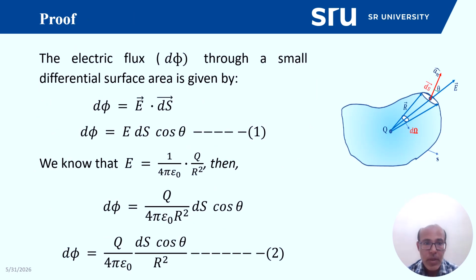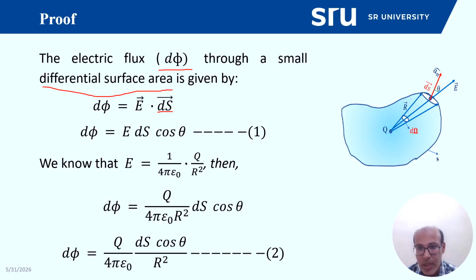Let's now look at the proof of that statement. One should know that the electric flux d phi, the elemental flux, is the flux coming out through a small surface. If the surface ds is small, the flux is also small.